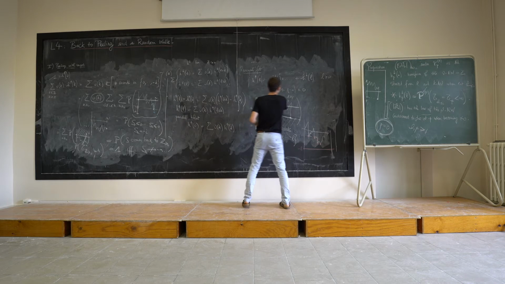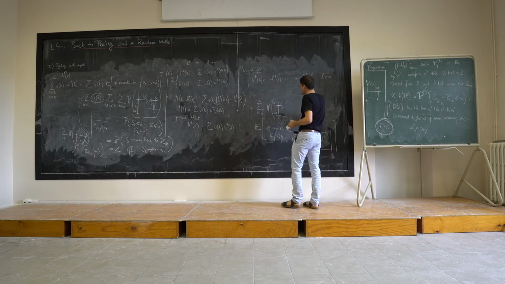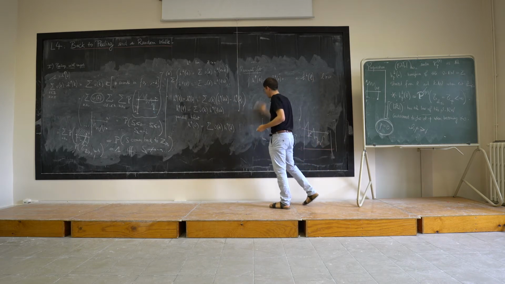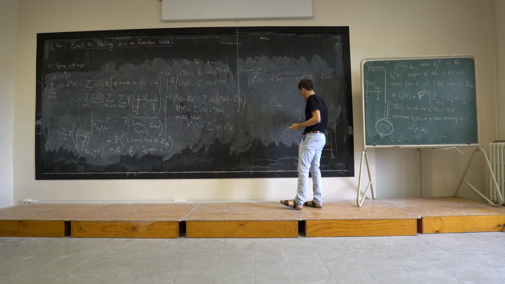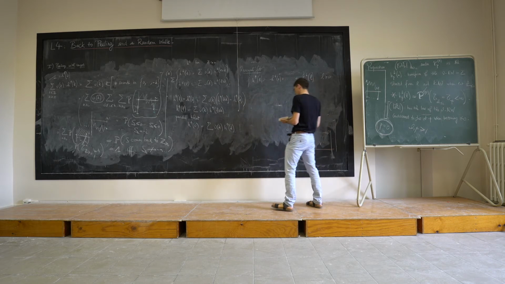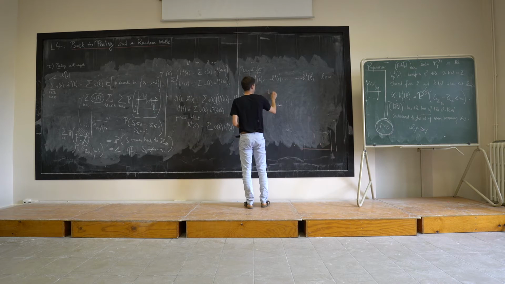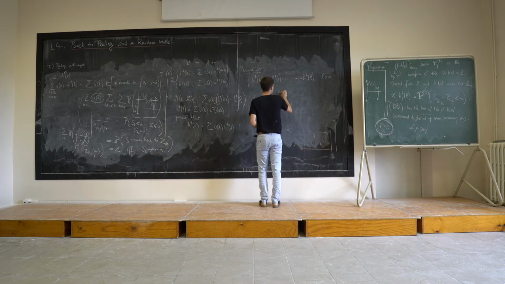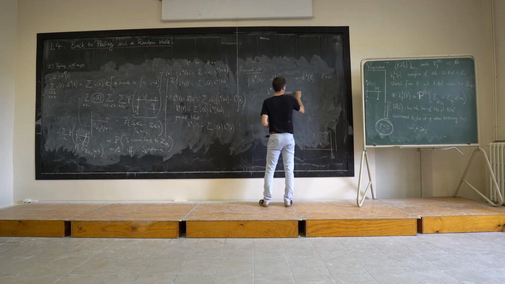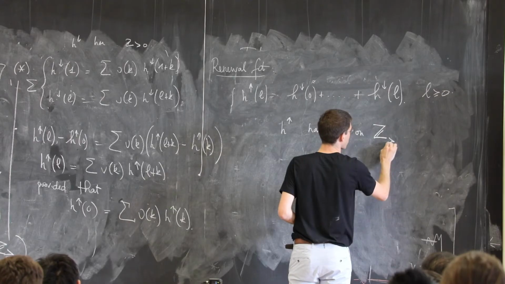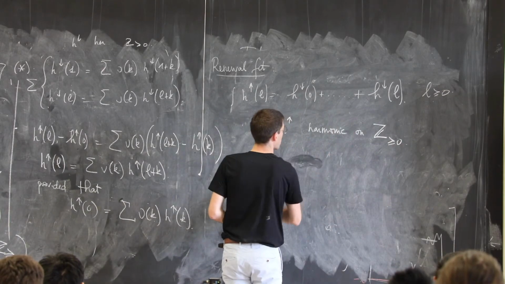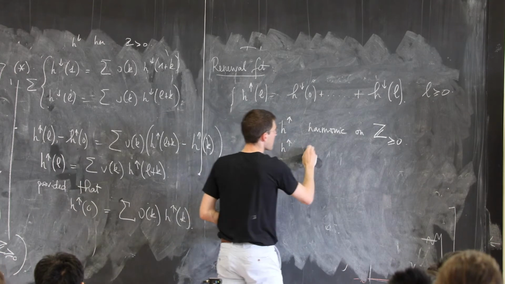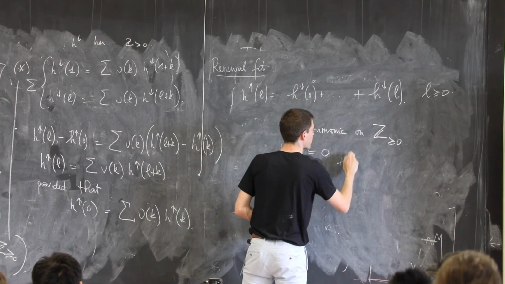We have a function that is harmonic on z larger than or equal to 0. So h is harmonic on z larger than or equal to 0. And h is equal to 0 on the complementary.